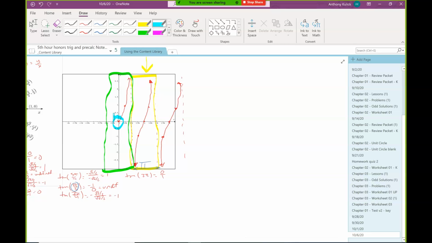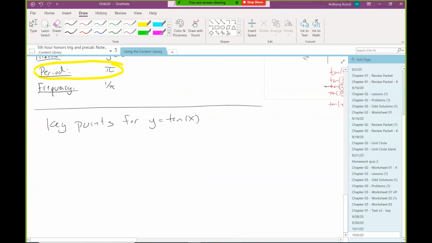So when we start translating back and forth between the graphs, we have access to that 0, 0 point, because it makes finding h's and k's really easy. So that section in green is the one period that we're going to use for our key points.